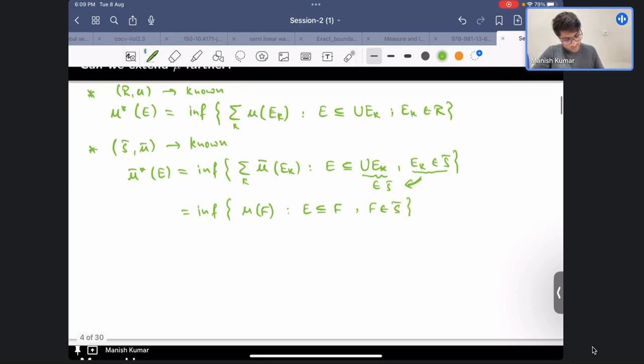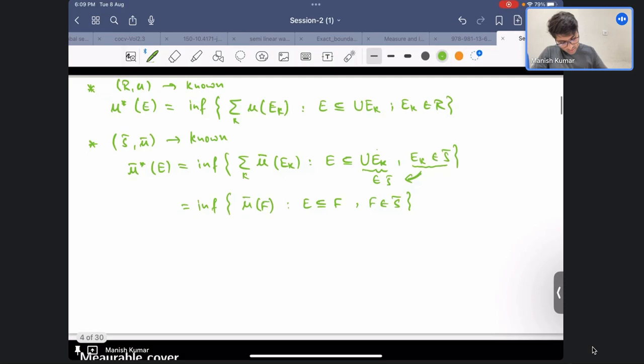I can write this because I am denoting the union of Ek's by F, and you know that mu bar of F will be less than or equal to the sum of mu bar of Ek. And since you are taking the infimum, it is good enough to consider mu bar of F. So this is how you can redefine this mu bar star.